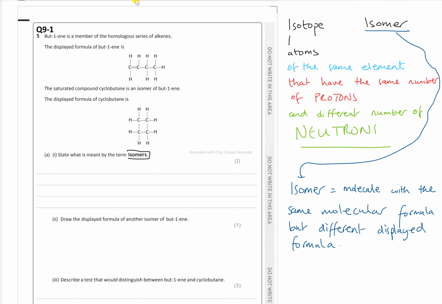There you go. Learn these two. They come up a lot. Right, okay. That is what an isomer is.